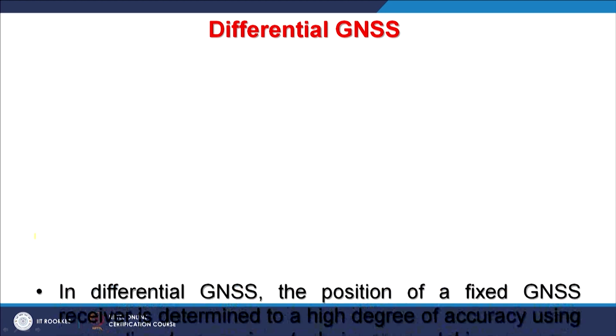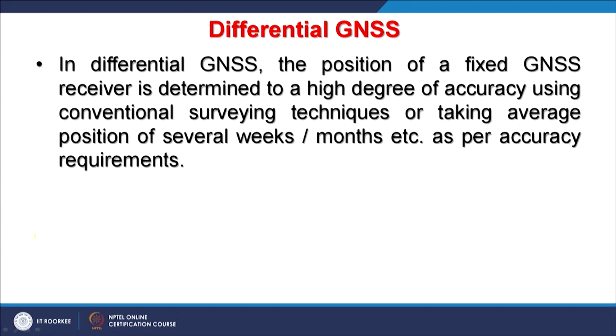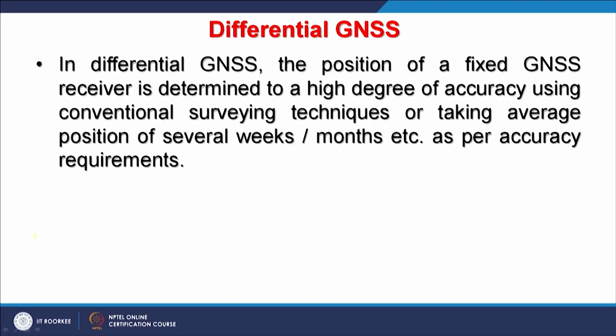In real time also, the position of this vehicle in which the rover receiver is installed can be achieved. So, in differential GNSS, the position of a fixed GNSS receiver is determined to a high degree of accuracy using conventional surveying techniques, or by taking the average position over several weeks or months, depending on how much accuracy you want.